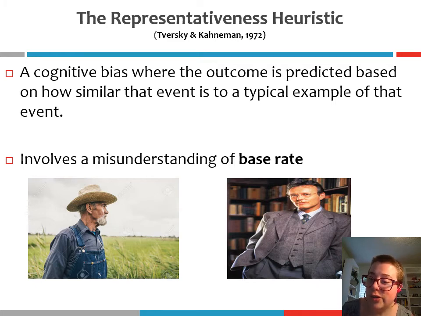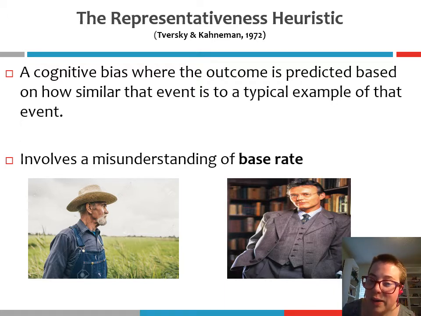So just looking at the relative proportion of each occupation, right? It is much, much more likely that Robert is a farmer, okay? Because remember, Robert was randomly chosen from the population.